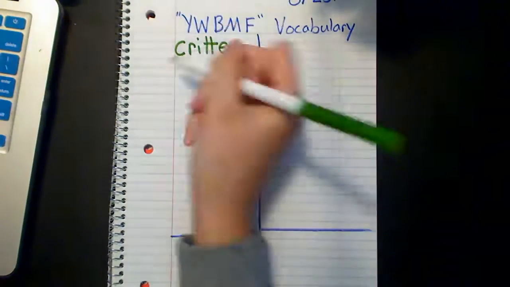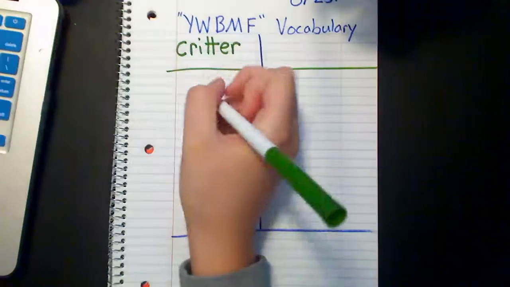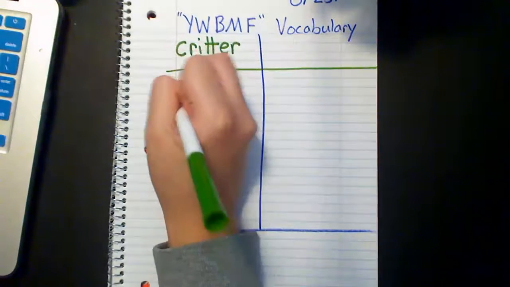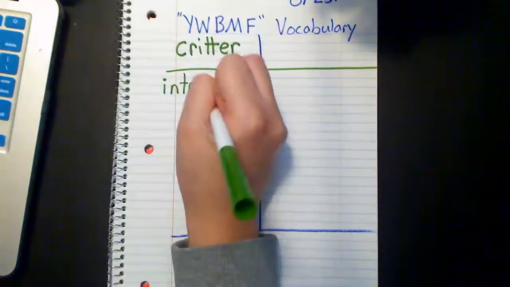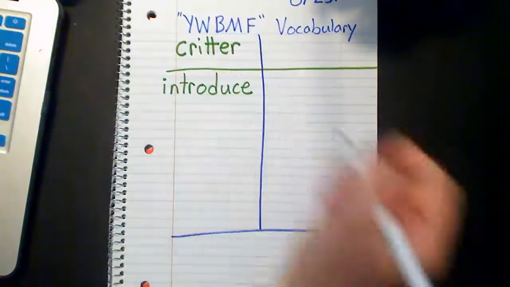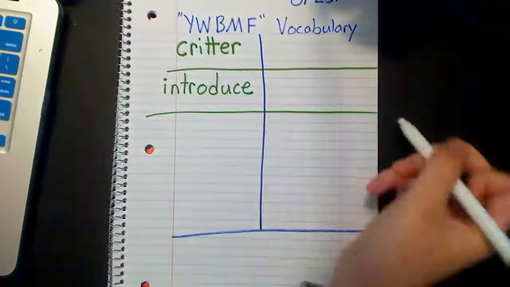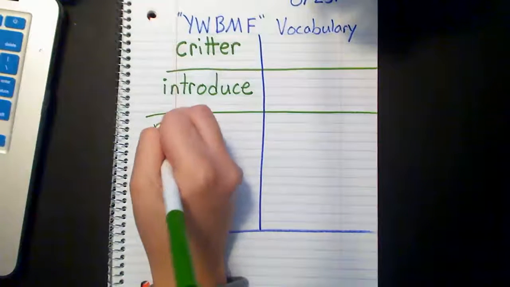C-R-I-T-T-E-R, critter, and then we're going to put a line. We're going to do the next word, introduce. I-N-T-R-O-D-U-C-E, introduce. And the next word is ridiculous.